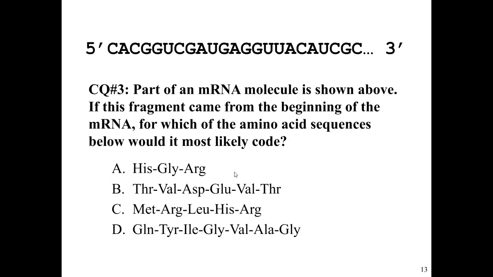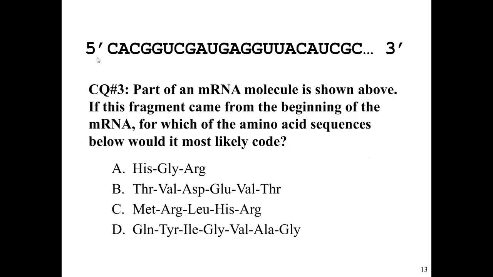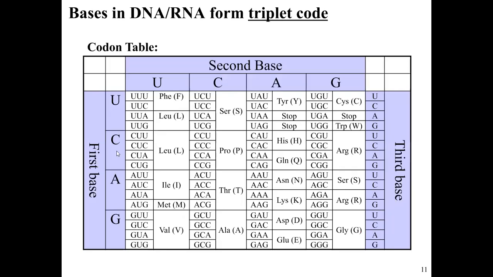Now, if we started from the beginning, we have to look at which end we go from, 5' or 3'? We always read it 5' to 3', just like the mRNA shown here. So we could have the choice of starting here with CAC. So first base C, second base A, third base C would give us a histidine.